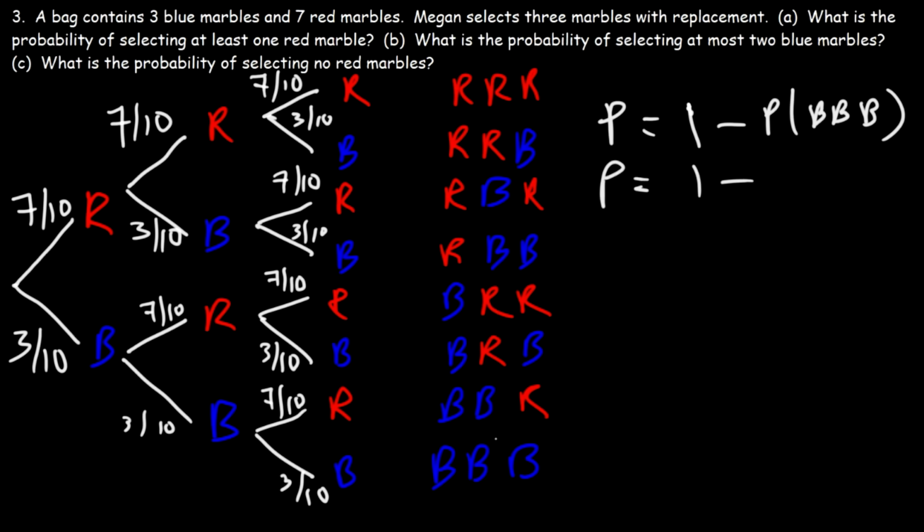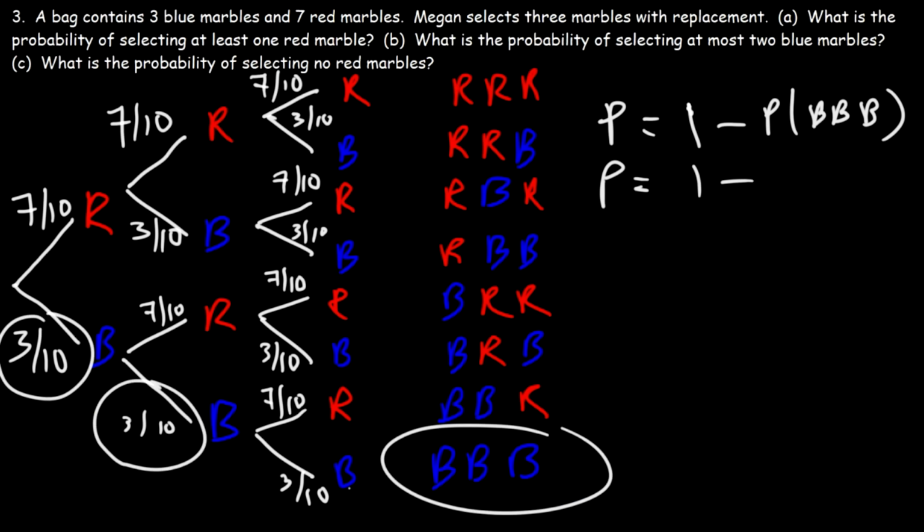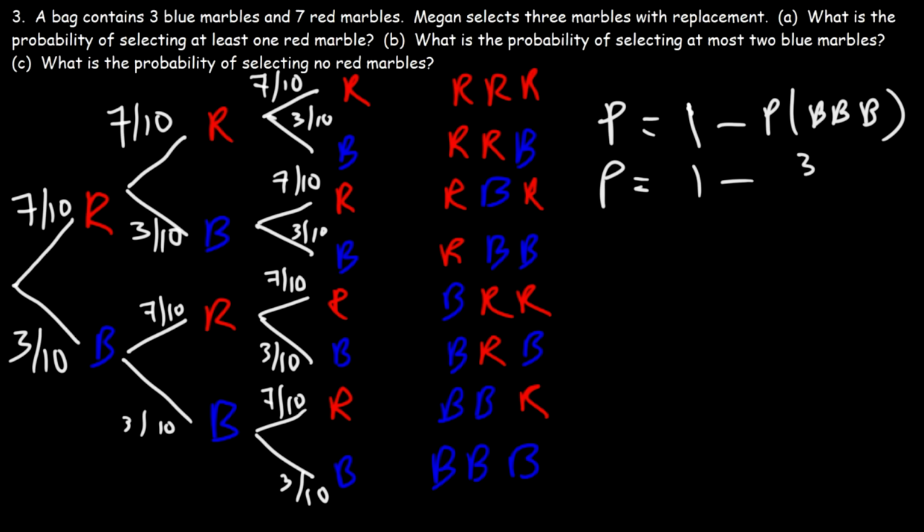So let's calculate the probability of getting 3 blue marbles. It's 3 over 10 times 3 over 10 times 3 over 10. So basically, this is going to be 3 over 10 raised to the third power. 3 times 3 times 3 is 27. 10 times 10 times 10 is 1,000.